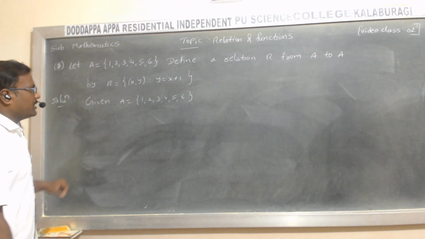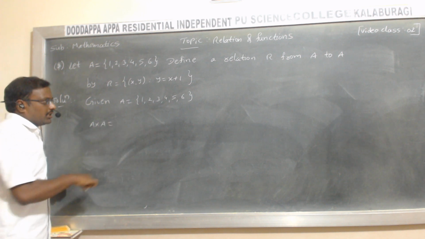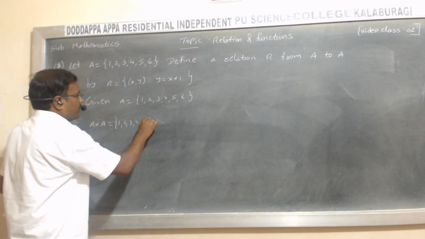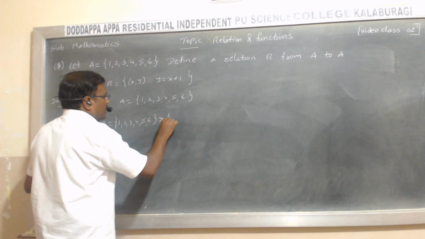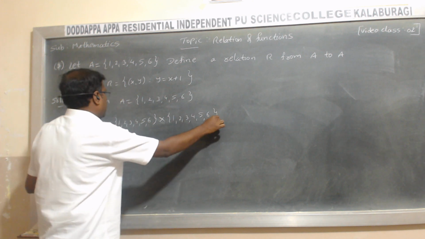Okay, as the usual method, first you find the Cartesian product. So the A set is {1, 2, 3, 4, 5, 6} cross, again the A set {1, 2, 3, 4, 5, 6}.